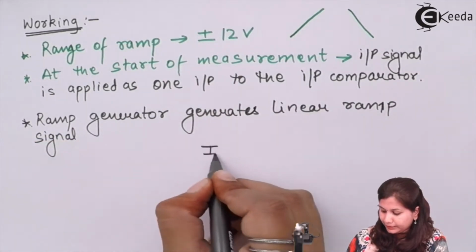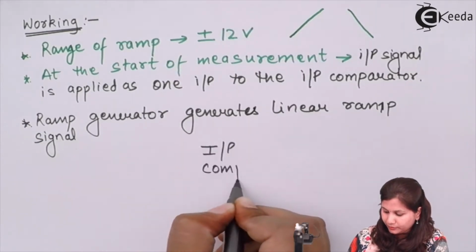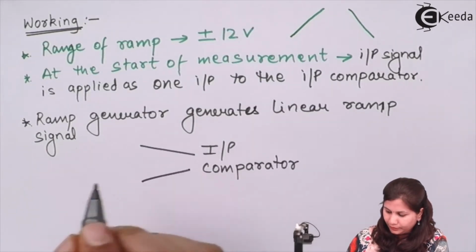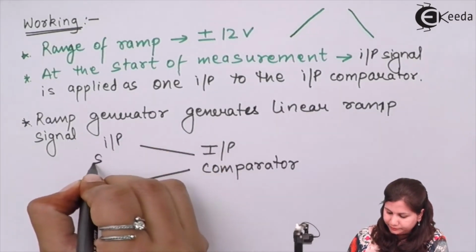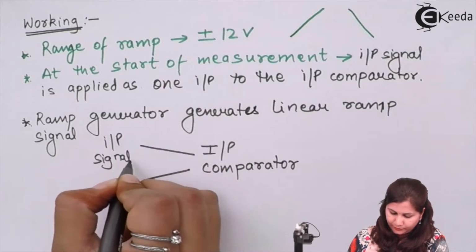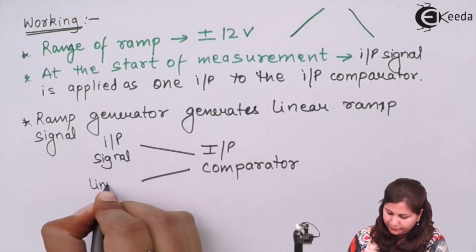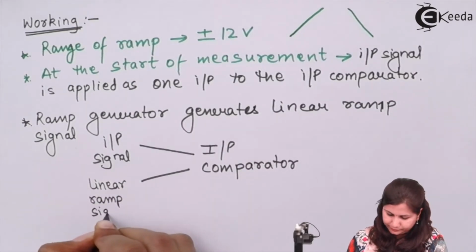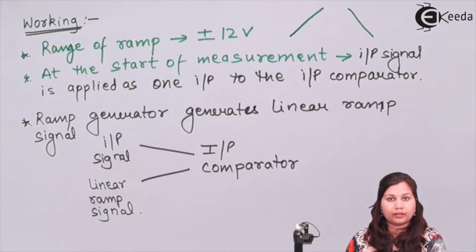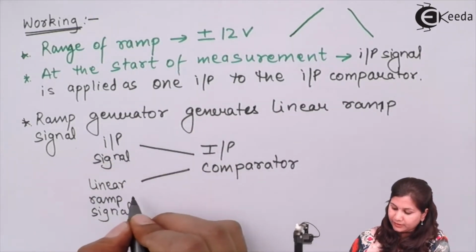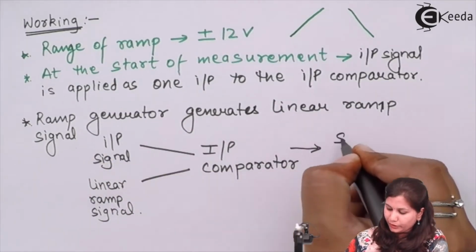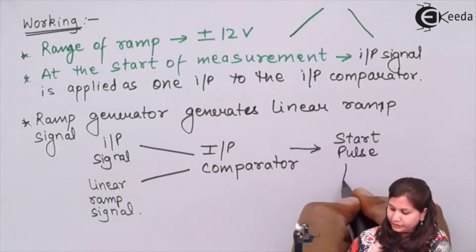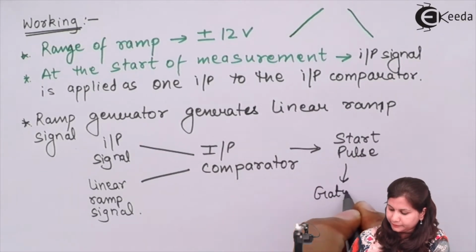So the input comparator has two inputs: one is the input signal and the second is the linear ramp signal. Now when both these signals are equal, the input comparator is going to generate the start pulse and provide it to the gate circuit.